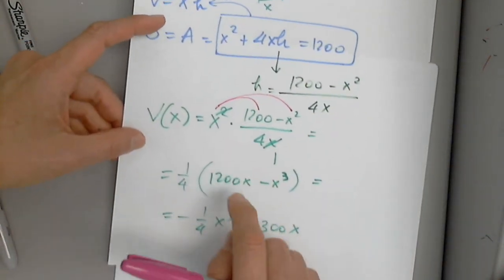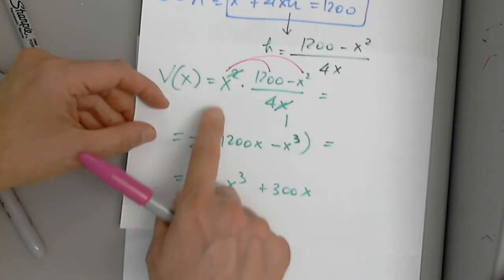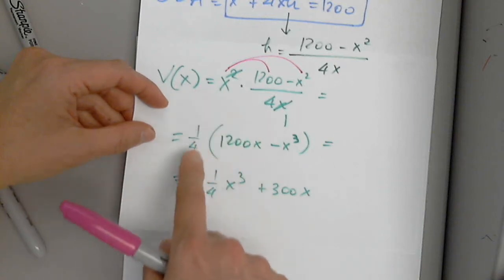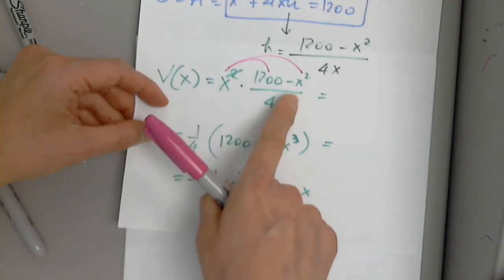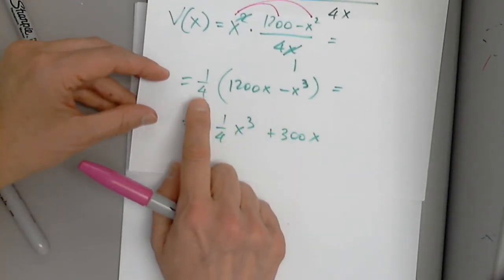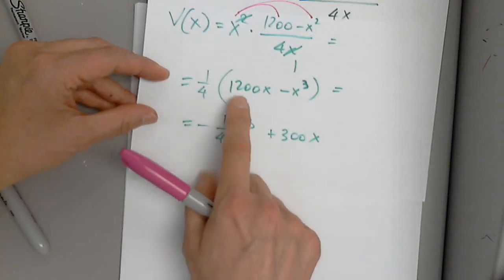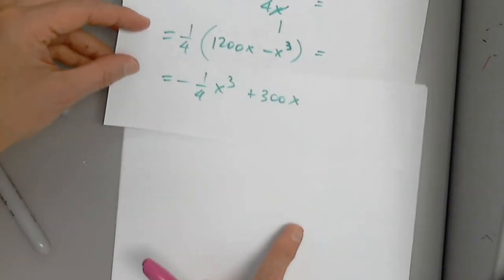We simplified 1 x and I only distributed the remaining x. So it's 1/4 times 1,200x minus x cubed. Then I put it in the correct order and I distributed the 1/4: 1/4 times this and 1/4 times this is 300x. Is that better? Yeah. Very good.